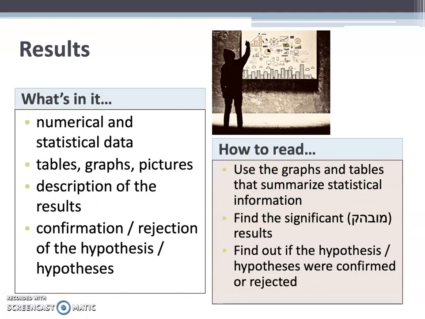After the method, then the author gives the results of the study. In this section, there will be a lot of numbers and statistics and percentages, and often there will be tables and graphs showing the statistics, showing the percentages.